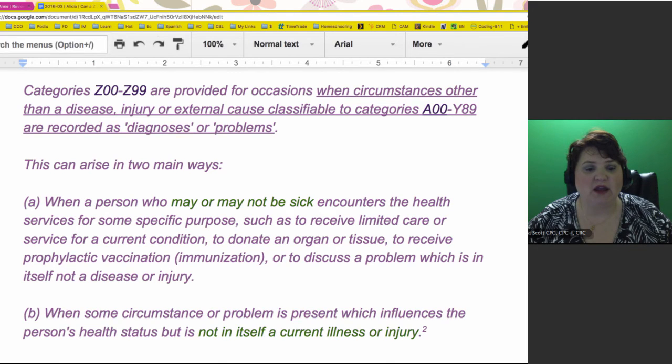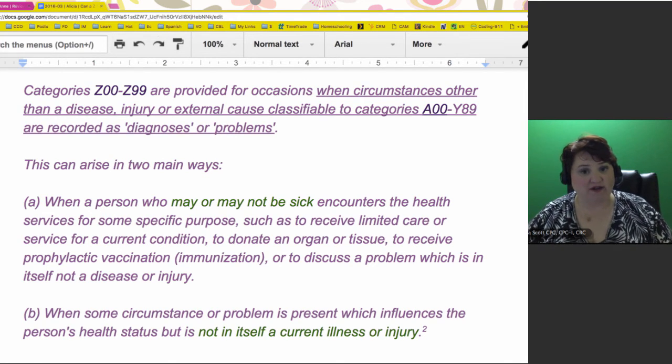Then it goes on to explain more about the donor tissue and some other things like prophylactic vaccinations and immunizations, if you bring your child in to be vaccinated, or maybe you're going in to have a flu shot and now they have a pneumonia shot, right? Then that would fall under that category.